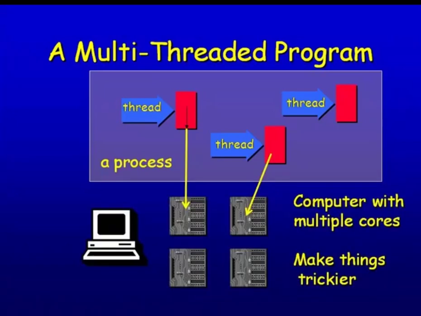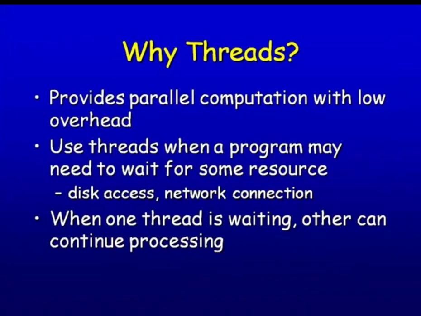Here in a multi-core computer, we see the same kind of scenario, except things are now a little more complicated because of the fact that we have multiple cores. But threads and processes can share those cores. Now, this makes things a lot trickier for developers since we're kind of in uncharted territory with this. So why do we need threads at all?